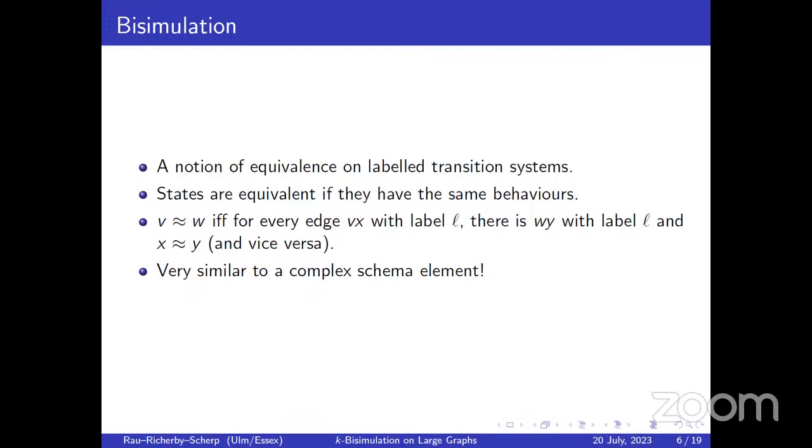The way I've defined this, if anyone's still awake at this time in the afternoon in this rather warm room, if you just declare every vertex to be equivalent to every other vertex, this property will hold. So actually I need a restriction that it's the finest possible equivalence relation on your graph that has this property, right? So you can't split any of the equivalence classes into smaller equivalents.